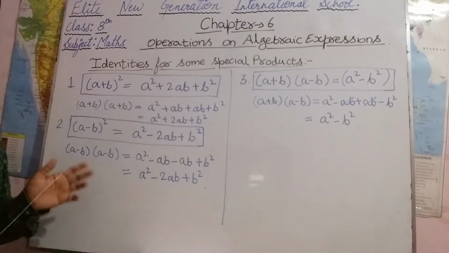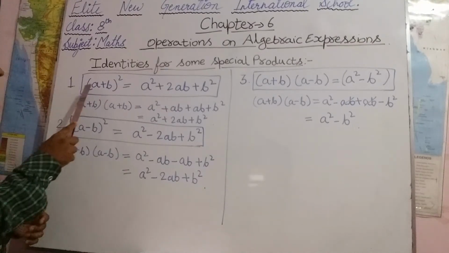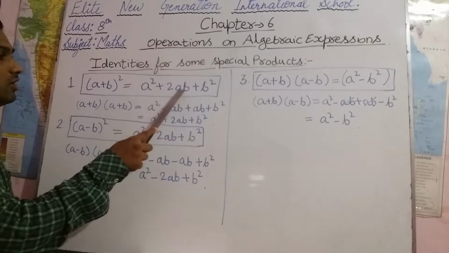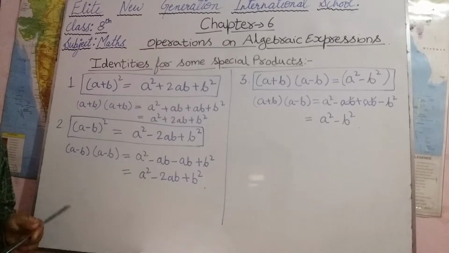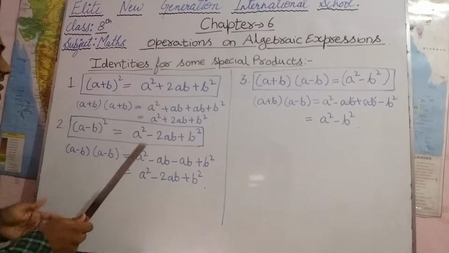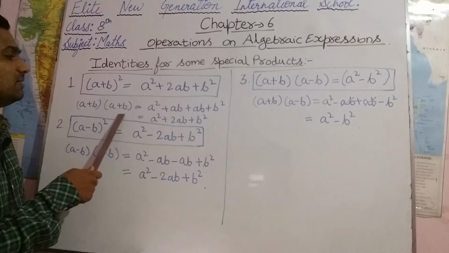So for this we have some identities. Look here, in identity 1, (a plus b) square equals a square plus 2ab plus b square. So this is the identity. When we solve this, (a plus b) whole square means (a plus b) into (a plus b).